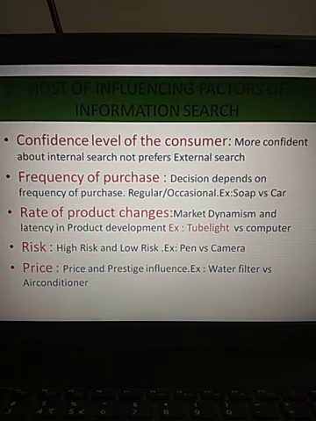Price matters a lot. So these are the few things which influence information gathering or information search of the consumer: confidence level of the consumer, frequency of purchase, rate of product changes, risk, and price.